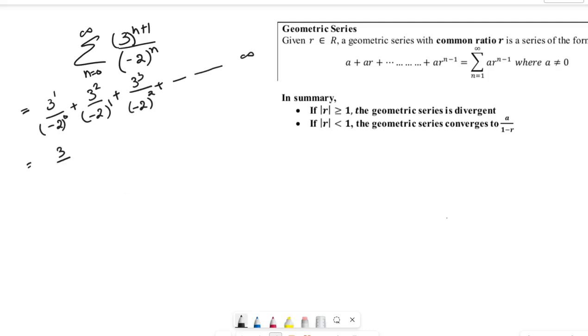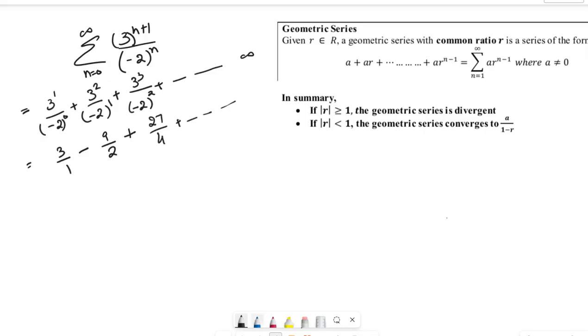This is 3 by 1 plus 9 by negative 2, so I can write it negative actually, plus 27, negative 2 squared will be positive 4 and so on.